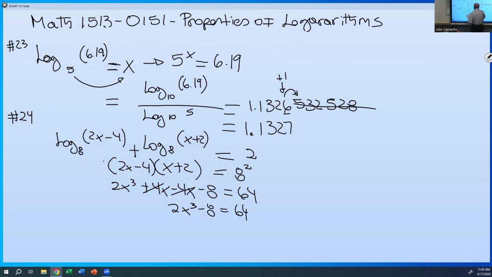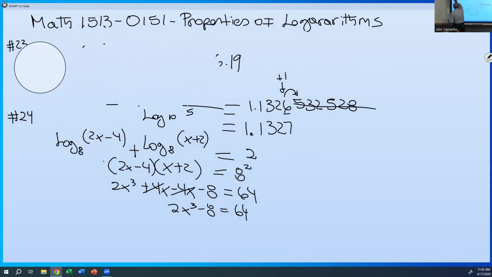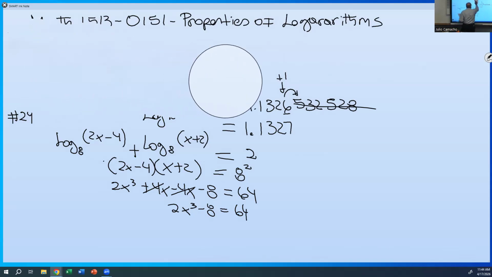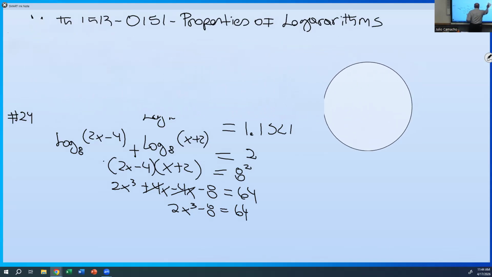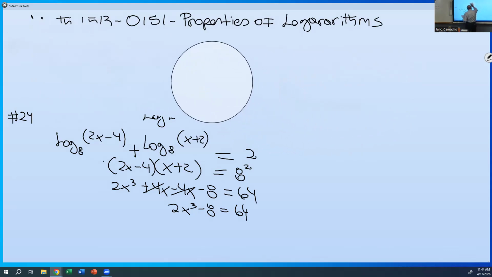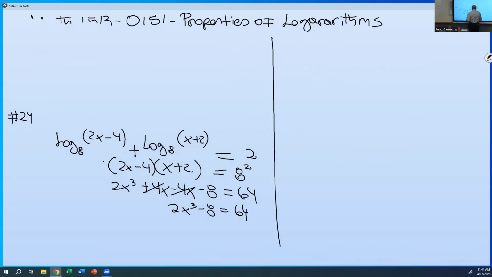Let me erase the 23 because we are running out of board. Oops, I erased the title, but that is part of the previous one. Let me write this. What we need to do is make this a trinomial.